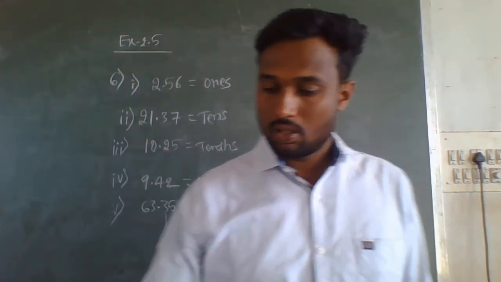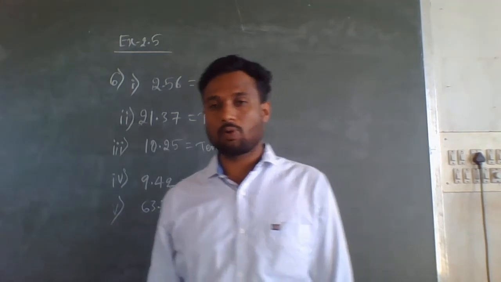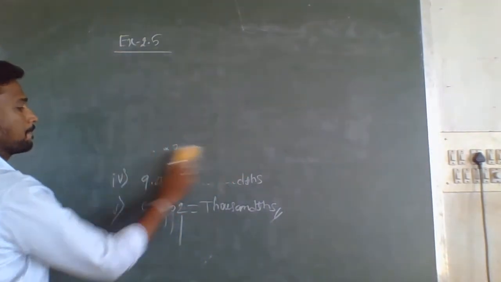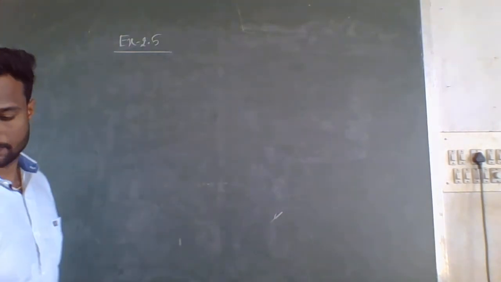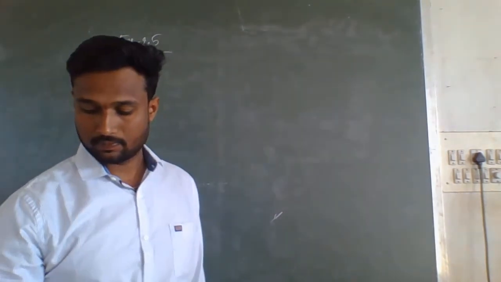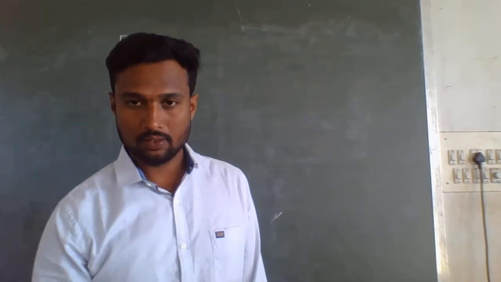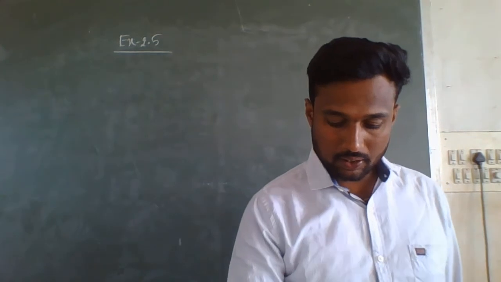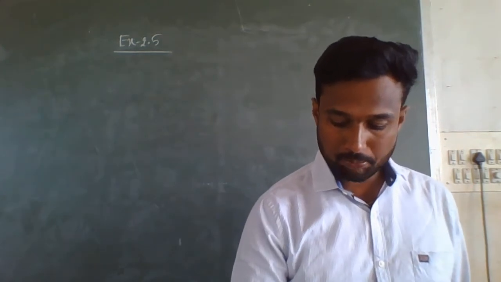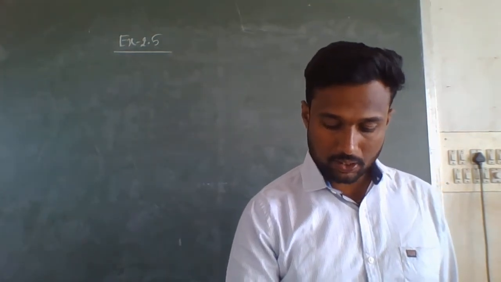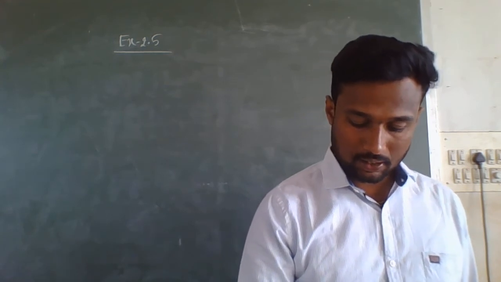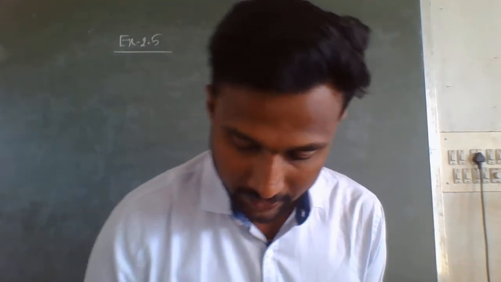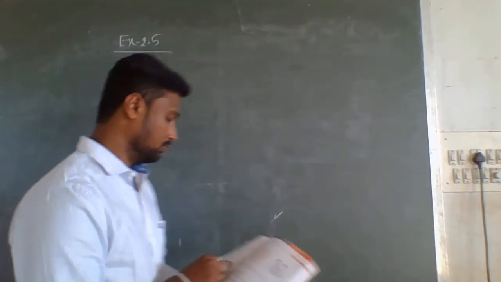Now I will move to the next one, the seventh problem. Here in the seventh problem, what they have given: Dinesh went from place A to place B and from there to place C. Here they have given one diagram for the seventh question.